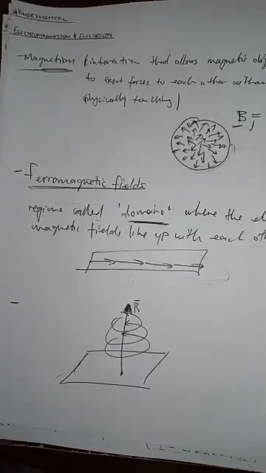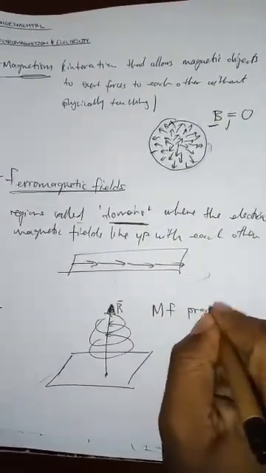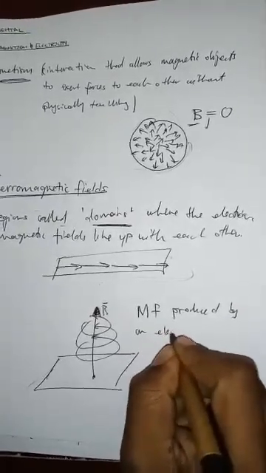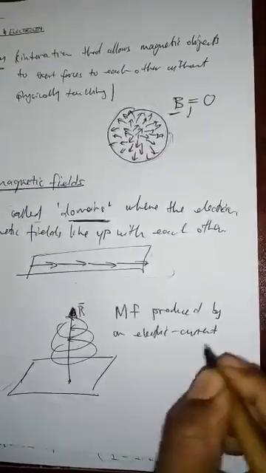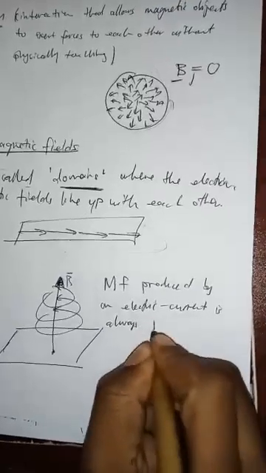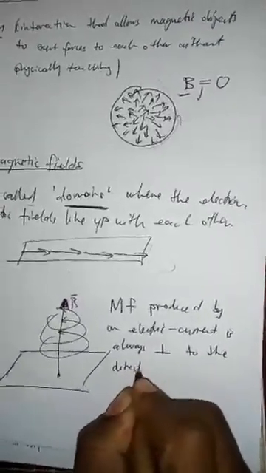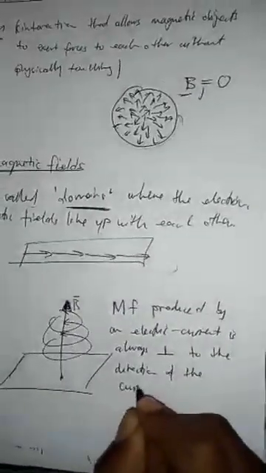So what I am trying to say is the magnetic field produced by an electric current is always perpendicular to the direction of the current flow.